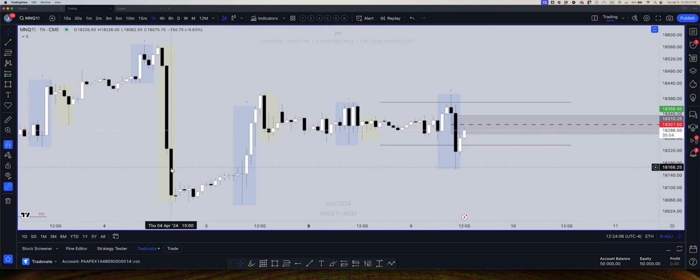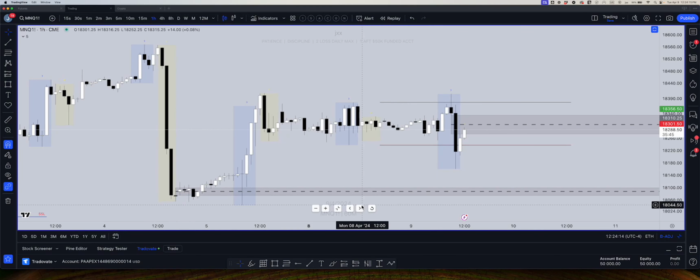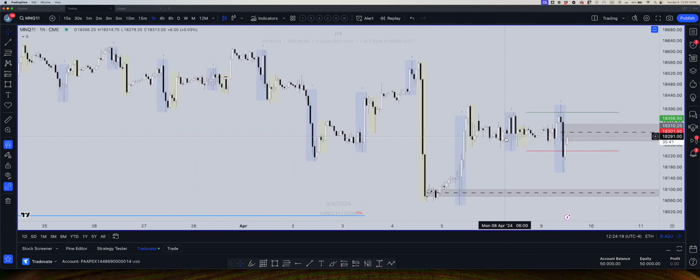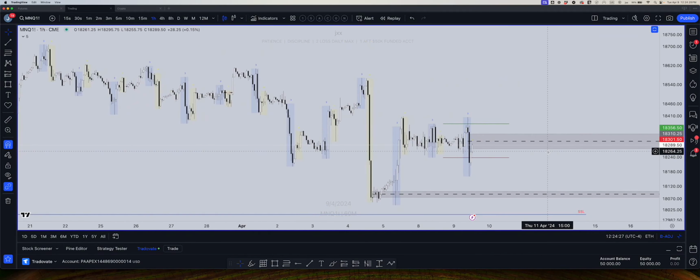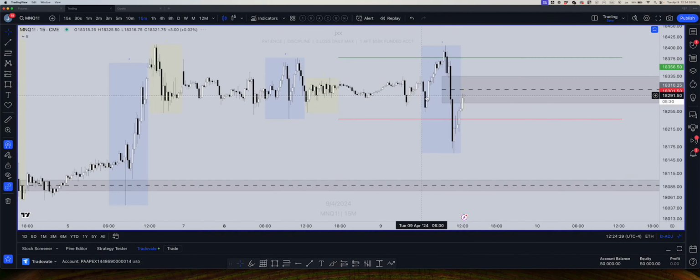There is also an order block right here that price could draw into, and there's relative equal lows. So I am actually a bit bearish at the moment. There is sell side liquidity here as well. So I'm going to be looking to take some shorts.